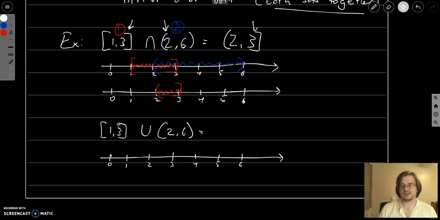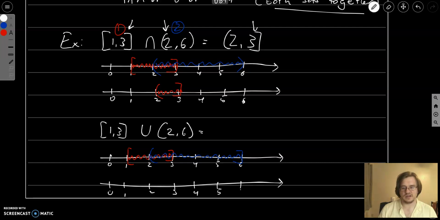And then for the last one, let's look at the union. So again, we have the same two sets, the set of numbers from 1 to 3, including 1 and including 3, and the set of numbers from 2 to 6, not including 2, but including 6. The union is going to be putting both intervals together, combining them into one big interval, and we can see that this interval will include 1.